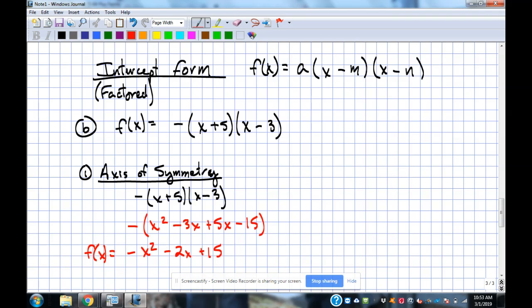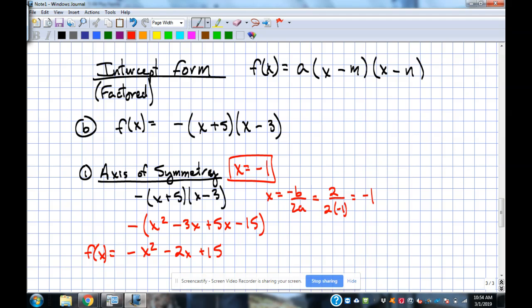So this is the way most of us are going to do this. This is the way I do it a lot of times. So I take -b divided by 2a. So that'd be 2 over 2 times -1, which would be -1. So my axis of symmetry is x equals -1.